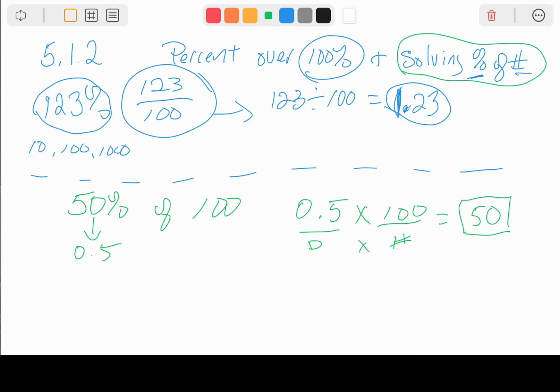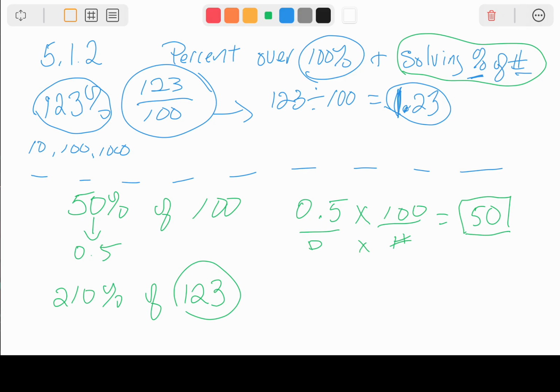So if we take a bigger number like 210, okay, and let's say we want to find 210% of 123, okay? So that means like there could be, we had 123 people show up on a Saturday, and then all of a sudden on Sunday we had 210% more show up.